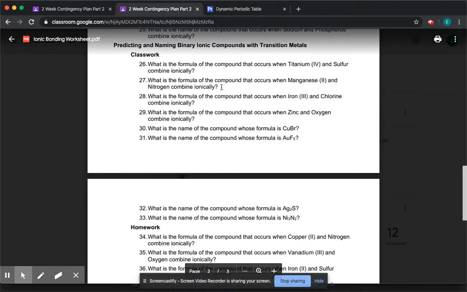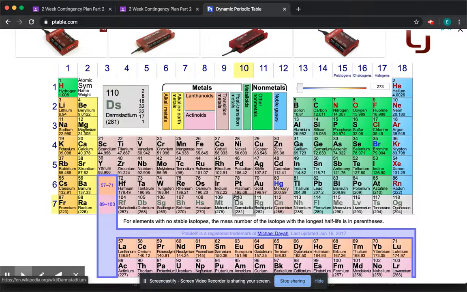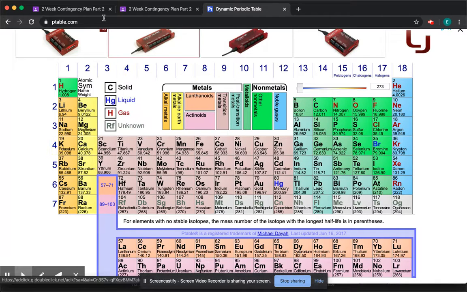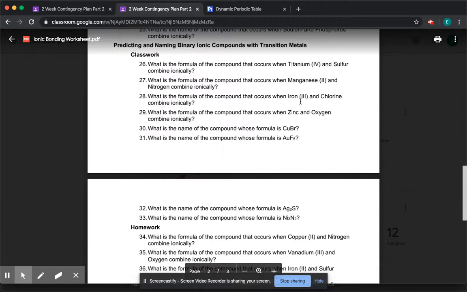So titanium 4. Let's first figure out what is the symbol for titanium, if I remember. Titanium is Ti. So we have Ti plus 4. This is what we have.